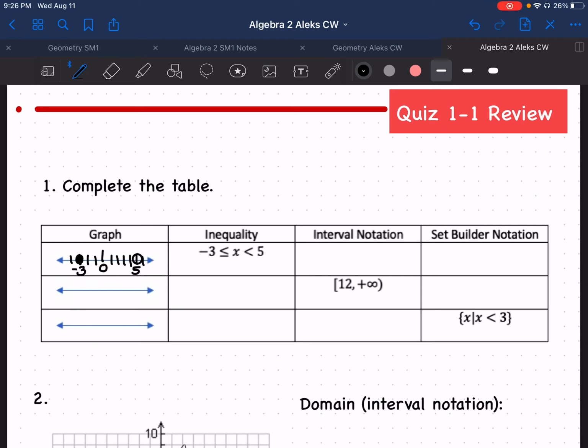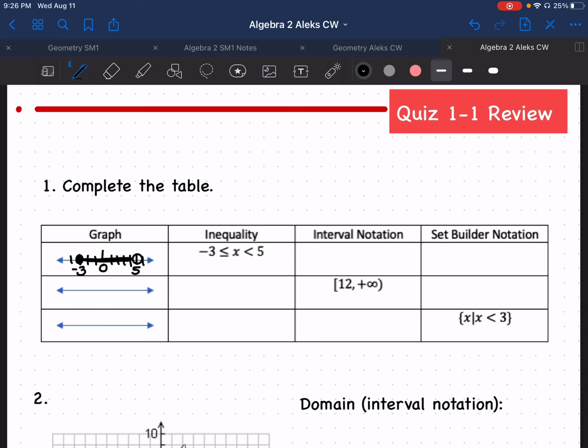Because it is a compound inequality and I see two less than symbols and the variable x in between, I'm going to simply shade in between them. Now I can easily see the interval notation, and of course set builder notation I'm going to use the inequality for.